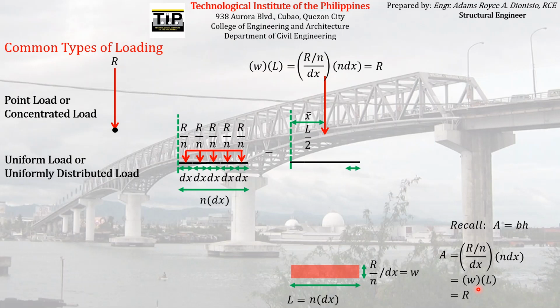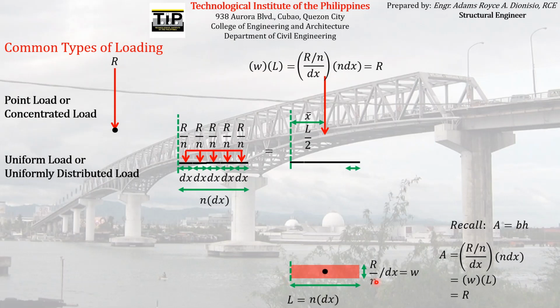Now, yung centroid naman, pag-usapan natin. Rectangle. Nasaan ang centroid ng rectangle? Sabi sa statics of rigid bodies. So, sabi sa statics, kung meron kang rectangle, yung centroid niya, with reference dito sa left edge, located yung centroid sa kalahati ng length.